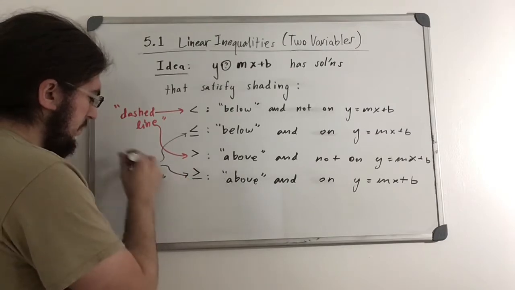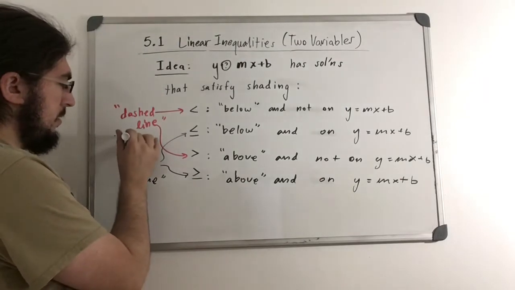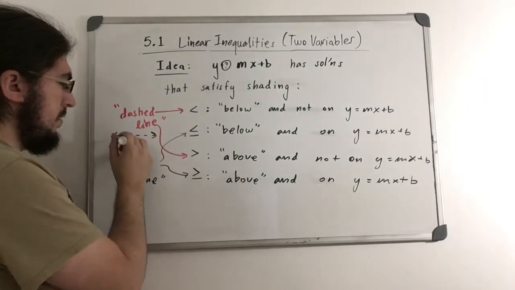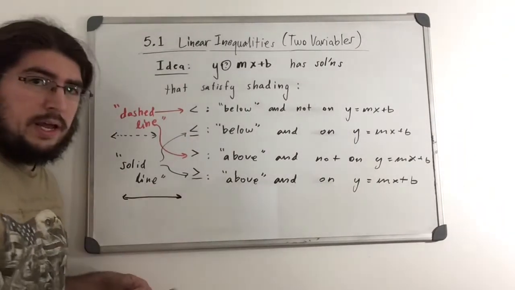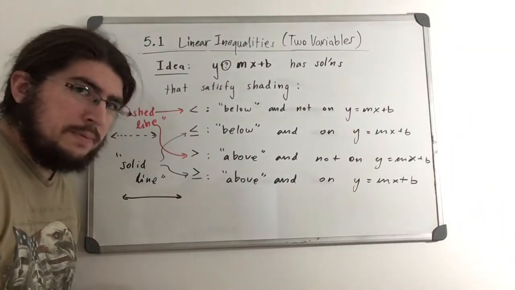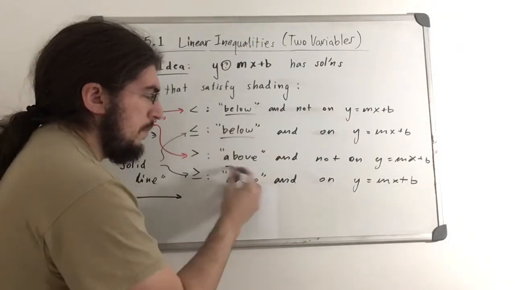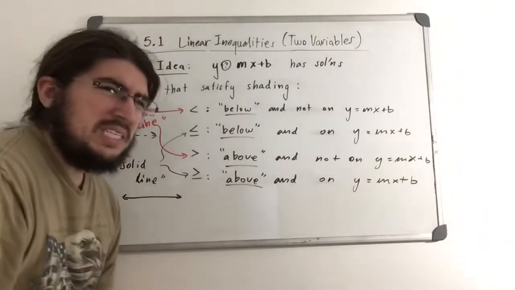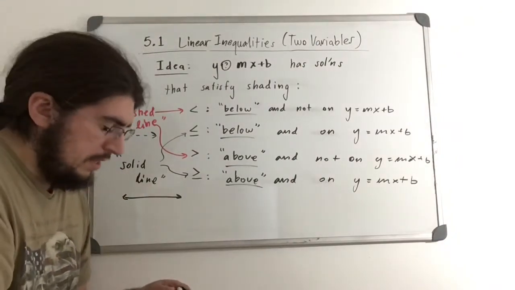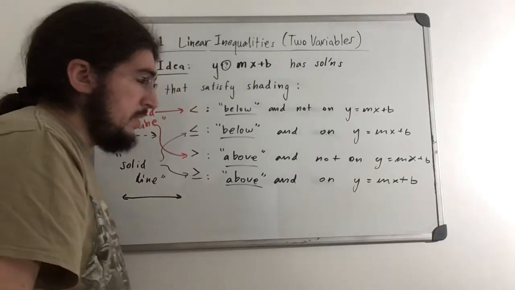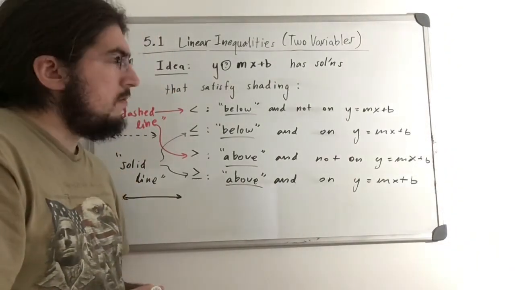So dashed would look something like this, dashed or dotted, whereas solid would just be a solid line, just like we saw in the previous two examples. Now for this whole below and above situation, basically you just project above or below and then shade that region.